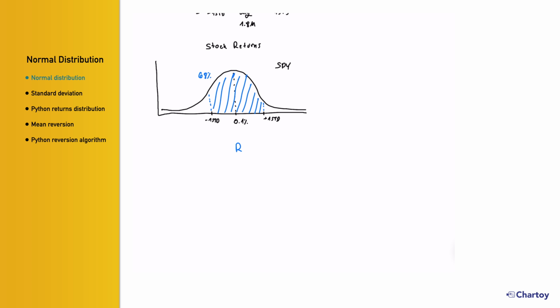So let's say somebody knows nothing about SPY, or you are researching SPY and you want to find out what the returns are most likely going to be today or on any given day. You can see that most likely the returns are going to be between -1 standard deviation and +1. Let's say you calculated this standard deviation and found that it's 1%.